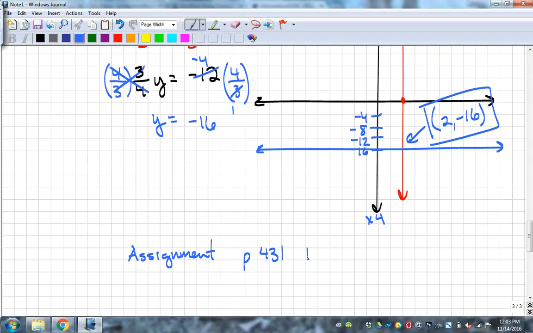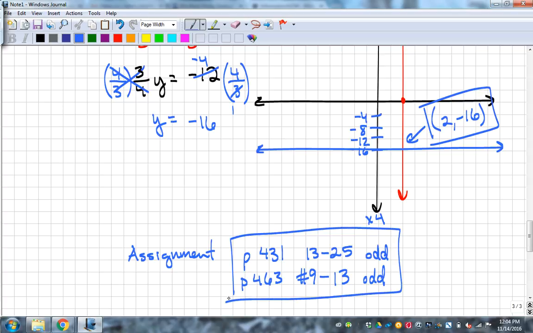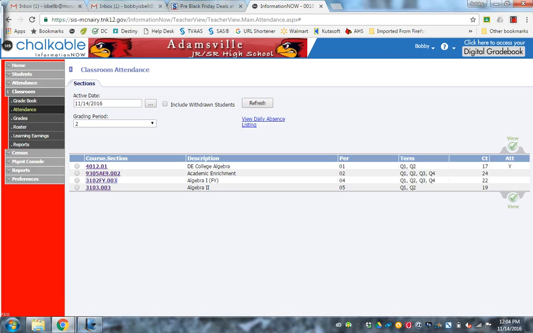Let's do page 463. Okay, so that gets you some that are both one solutions and then the other cases as well. Out of that, that's what I need.